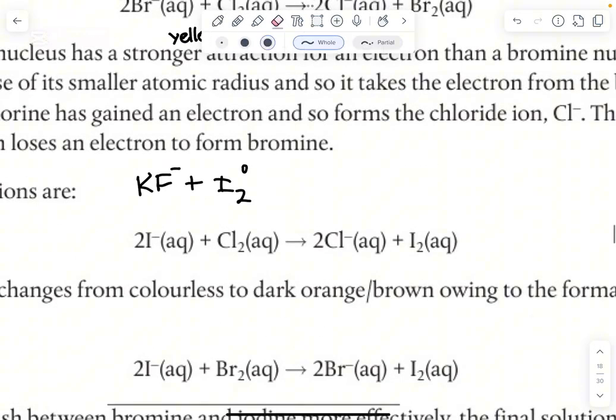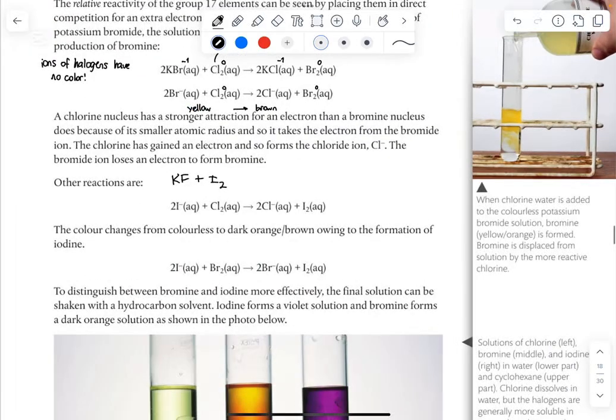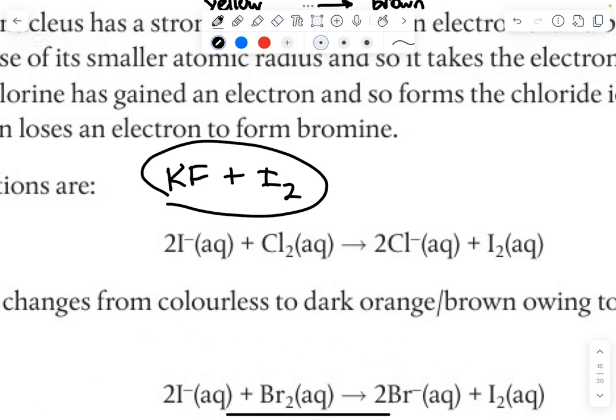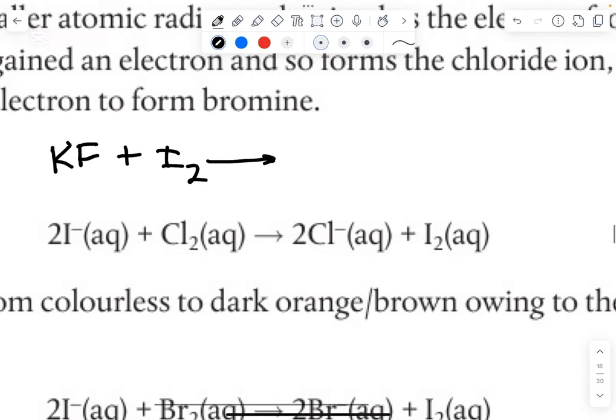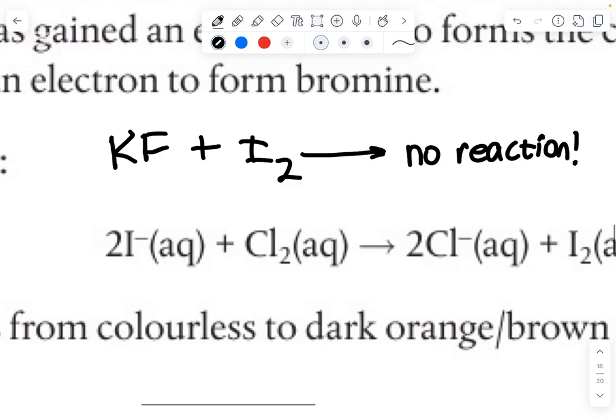So over here, I have the inputs of a chemical reaction. Can you tell me what the products are going to be of this chemical reaction? You can pause the video to answer. If you answered no reaction, you would be correct. Let's look at it. So let's assign electronegativity values. Fluorine is going to be -1 and iodine is going to be 0.